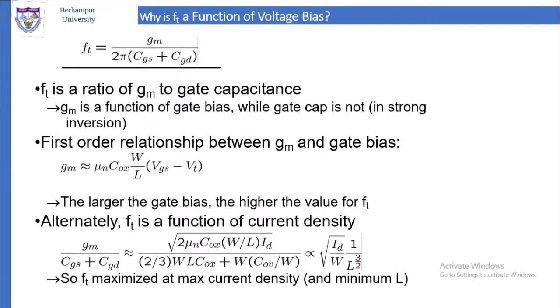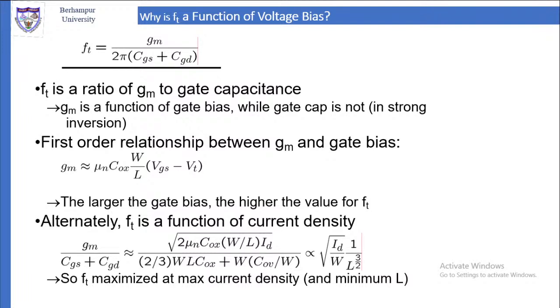So the larger the gate bias, the higher the value of Ft. Because the larger the gate bias, the larger is the Gm, and the larger the Gm, the larger the value of Ft. Alternatively, Ft is a function of current density.